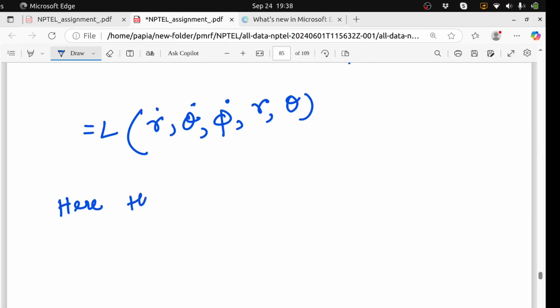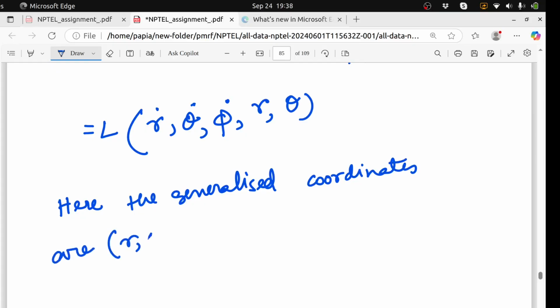Now we can see here the generalized coordinates are r, theta, phi.